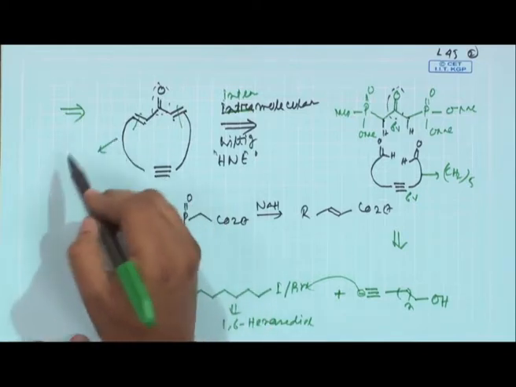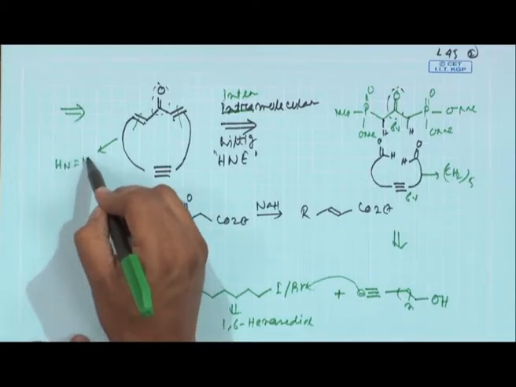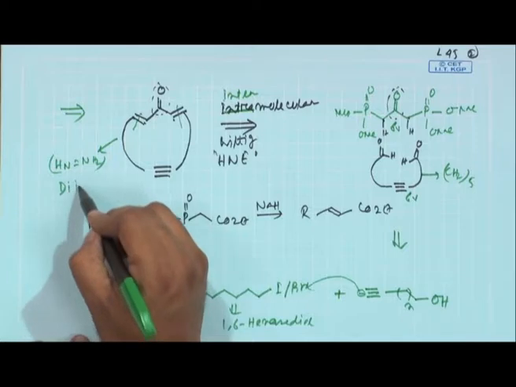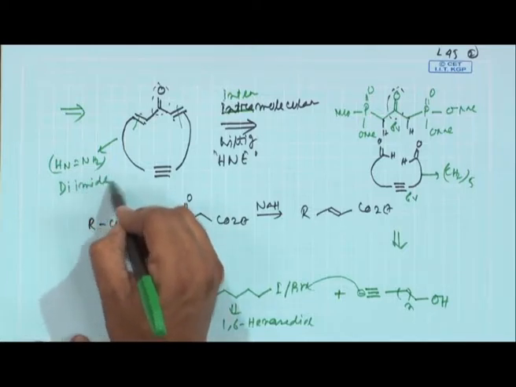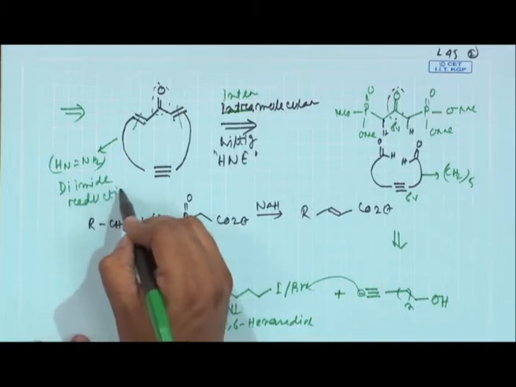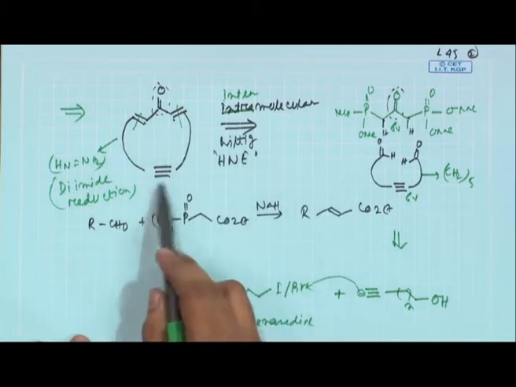Mainly you can use a diimide reduction. So diimide is a very selective reduction which usually does not touch the triple bond, and then once the double bond reduction was done, you can touch the triple bond.